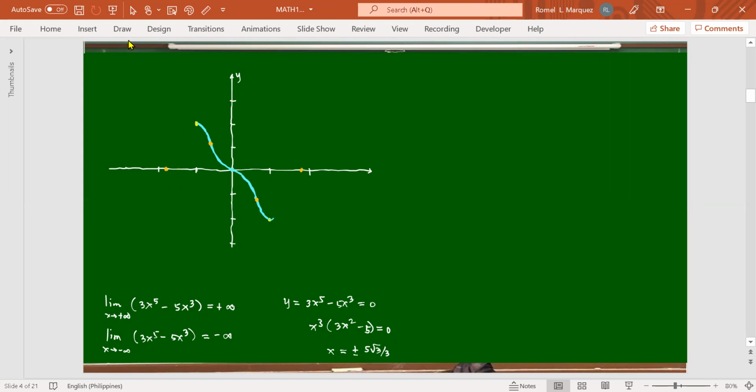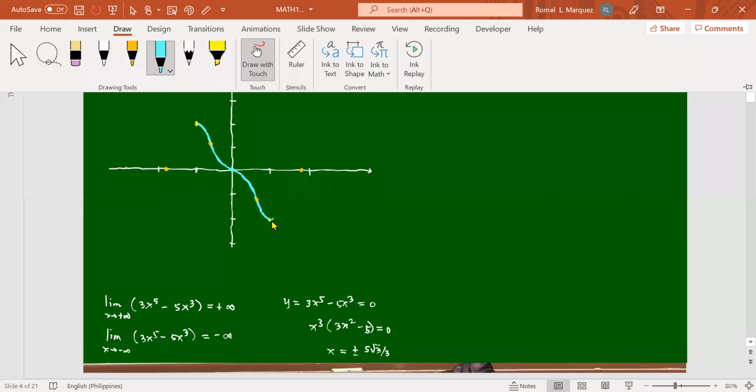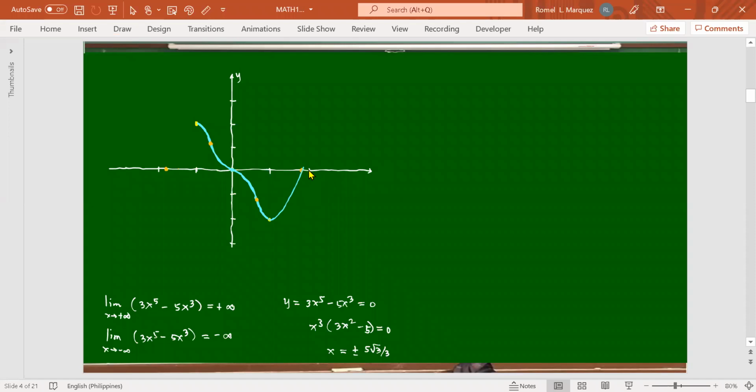Okay, guys? And then we'll go up and up because according to this, it goes to positive infinity. Then go down, no? Yan. Okay, guys? And it will keep on going down. So that's how the graph looks like.